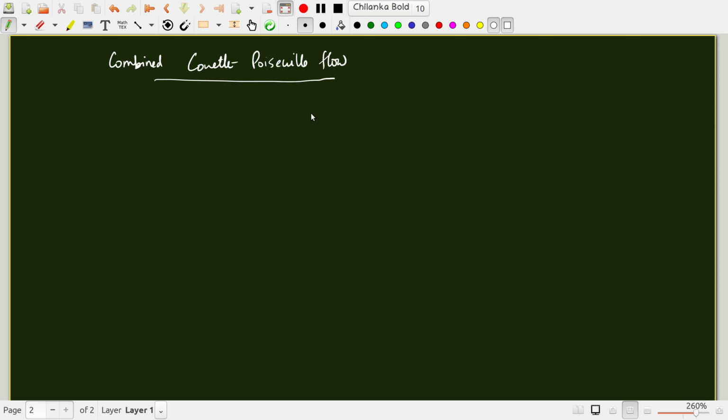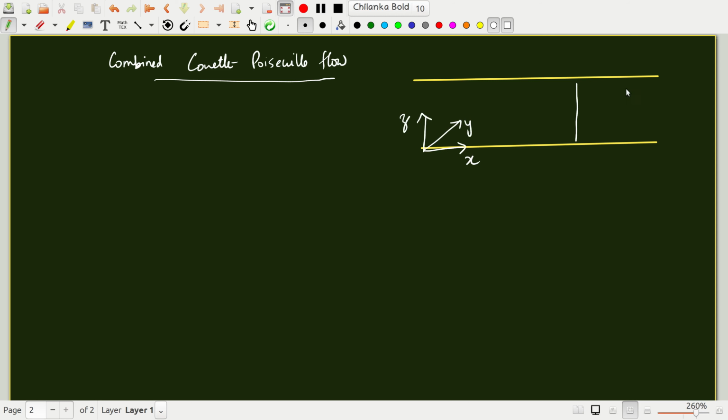So here, if you remember the setup, the flow is two-dimensional, and this was x, y inside the board or the plane of the screen, z is perpendicular to the wall, and this is the flow along the x direction. And these are the two walls, z is equal to 0, and z is equal to b. And this is the laminar flow velocity profile, u as a function of z, whose stability is considered here.